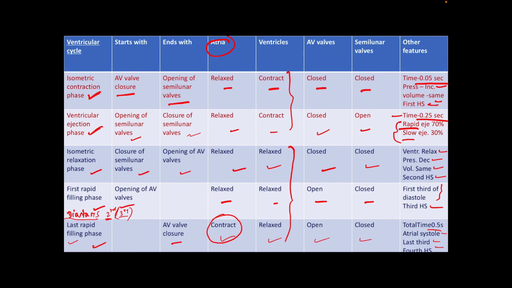Semilunar valves open only during the ventricular ejection phase, and they close at the end of this phase, or we can say the starting of the isometric relaxation phase. So these are some of the important major points which we have covered under this cardiac cycle.